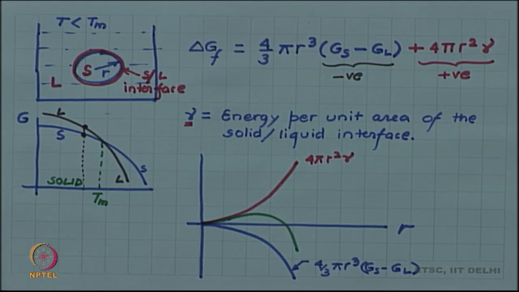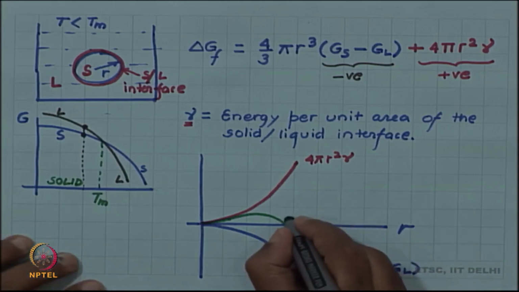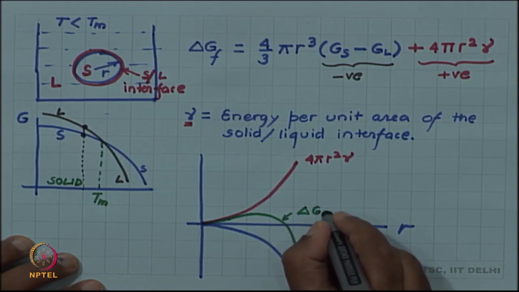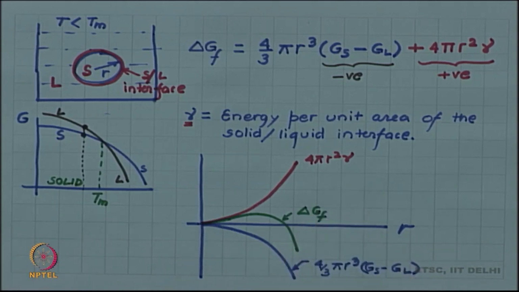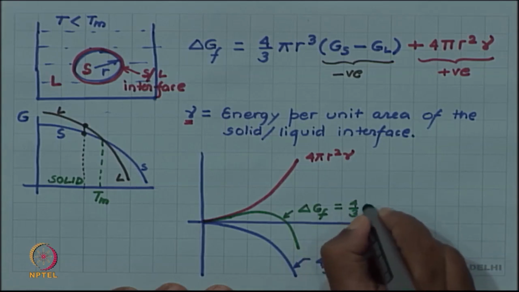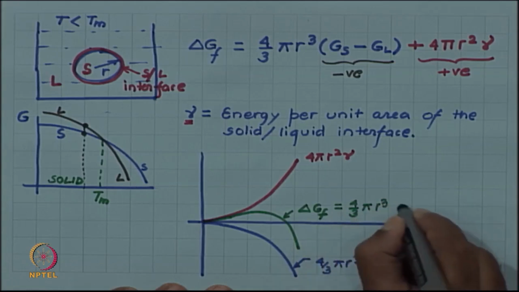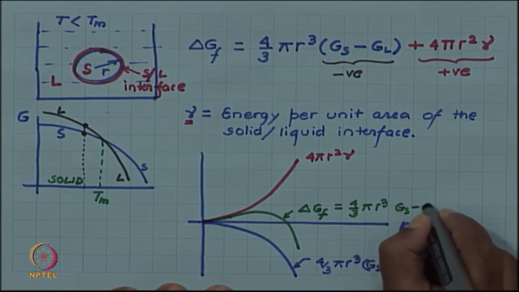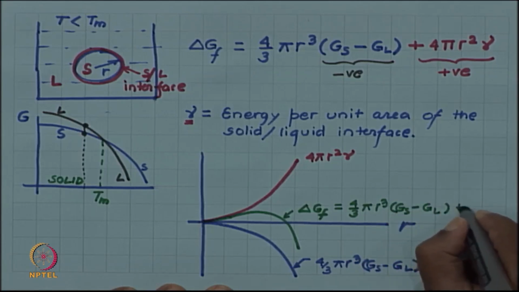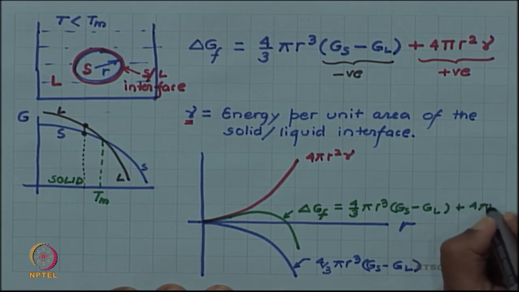So, this is total delta Gf: 4 by 3 pi r cube (GS minus GL) plus 4 pi r square gamma.